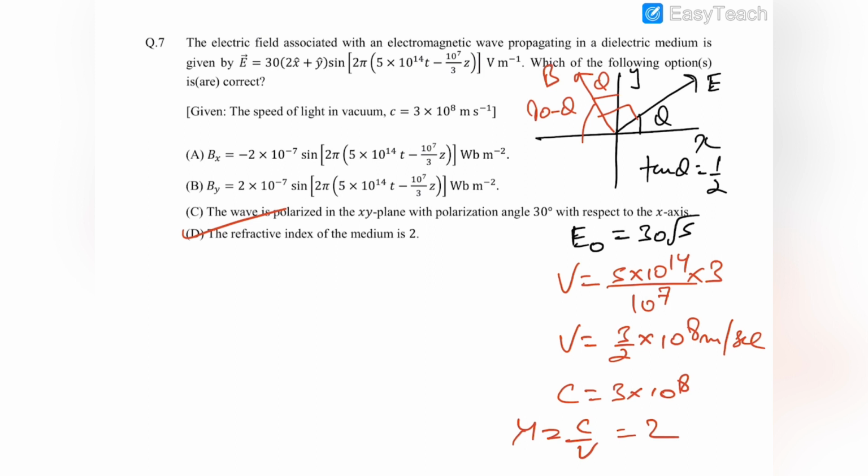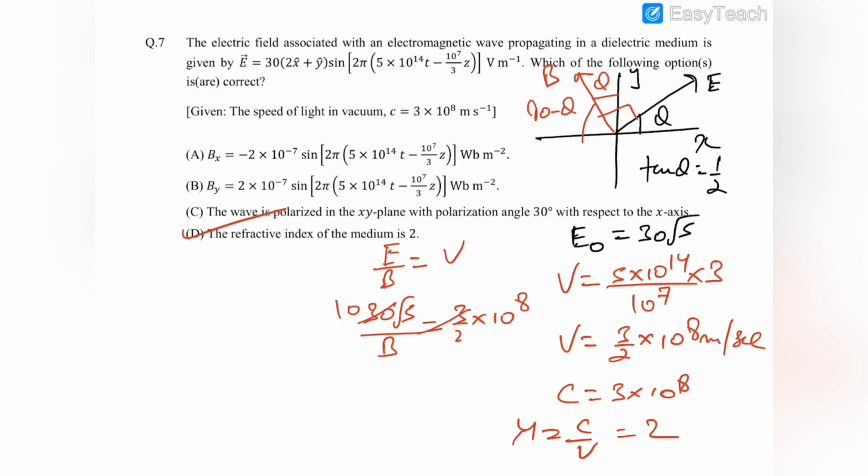Now the other thing, what is the magnitude of the magnetic field? We know that E upon B is equal to V, and E is 30 root 5, and V is 2 into 3 by 2, in fact, into 10 raised to power 8.